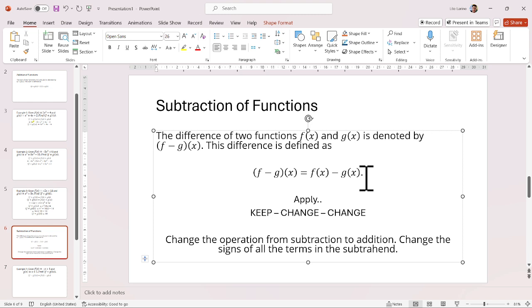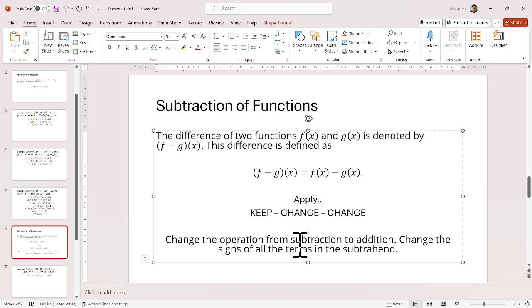So again, subtraction of functions, we will still apply the shortcut or the rule that we do in operations with integers. We keep the minuend and then we change the subtraction to addition, and then we change all the signs in the subtrahend. Again, change the operation from subtraction to addition and change the signs of all the terms in the subtrahend.